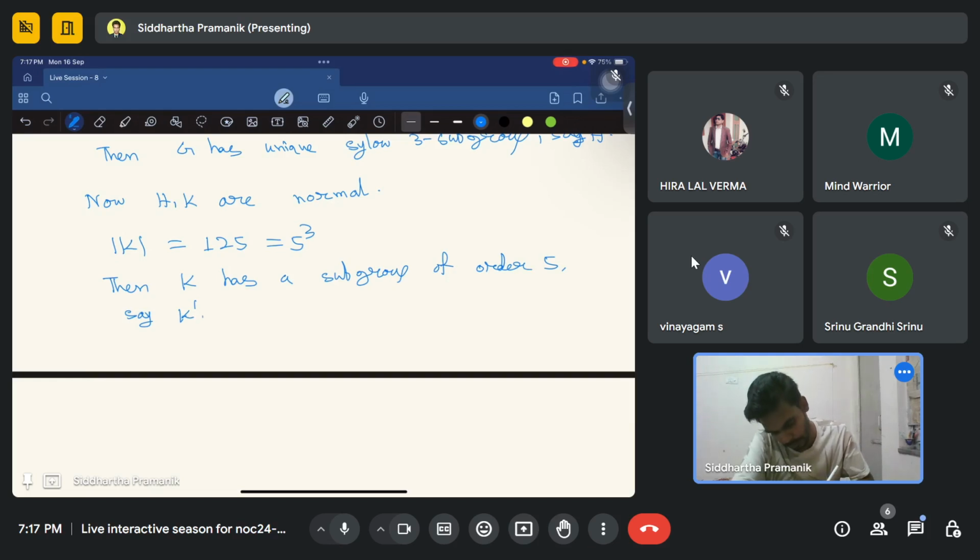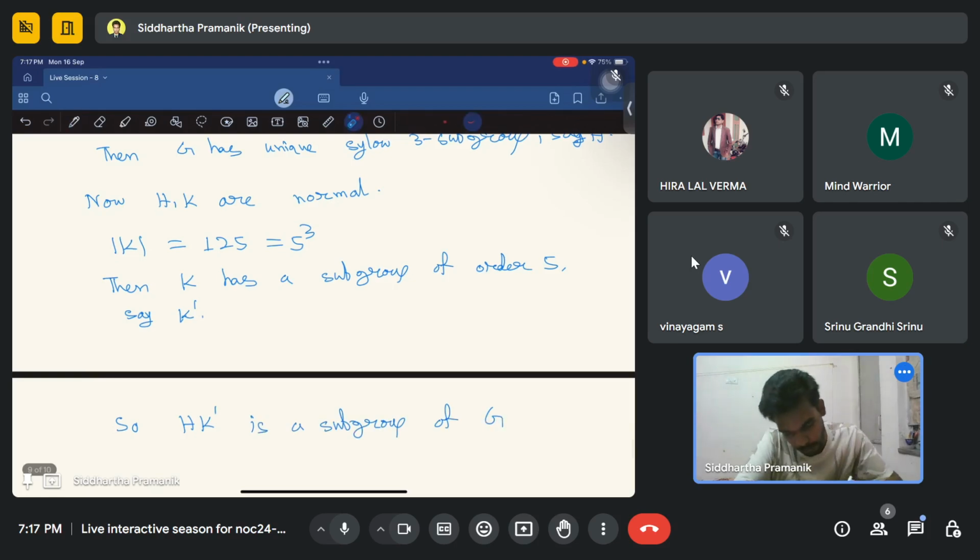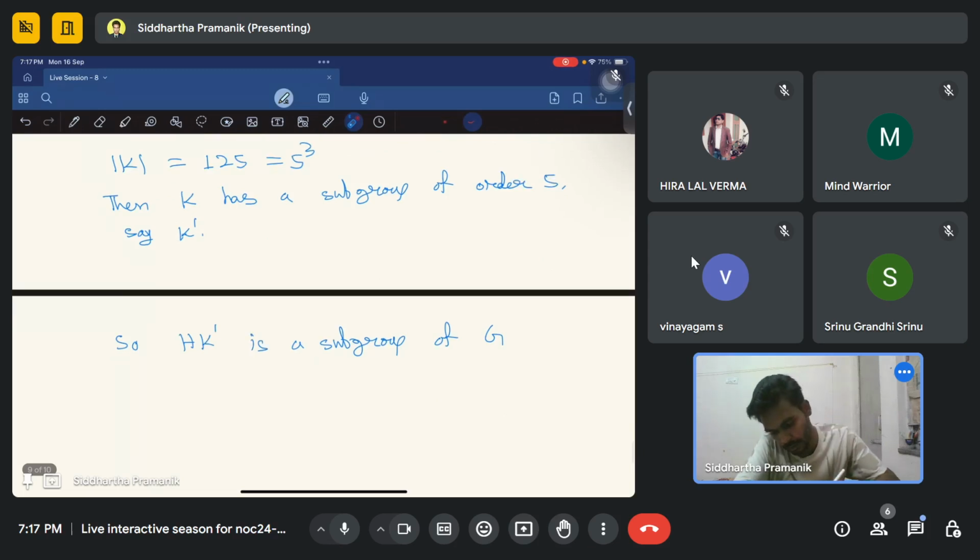Okay, so then HK prime is a subgroup of G. Now why is it a subgroup of G? Because H is normal and K prime is a subgroup, so their product is a subgroup. If you remember, I have done this problem in earlier seasons. So the product is a subgroup when one of the subgroups is normal.